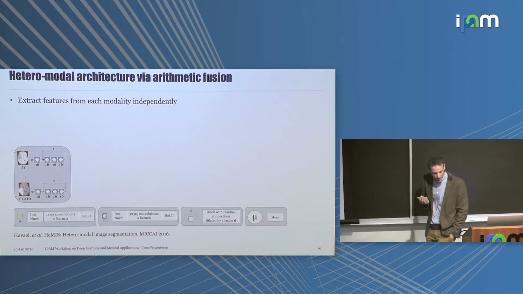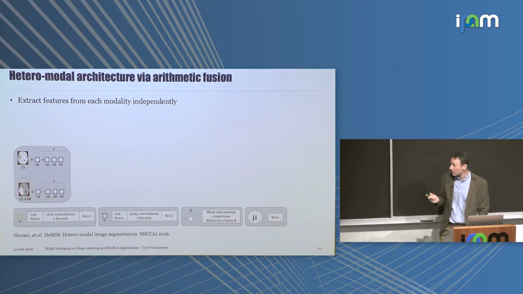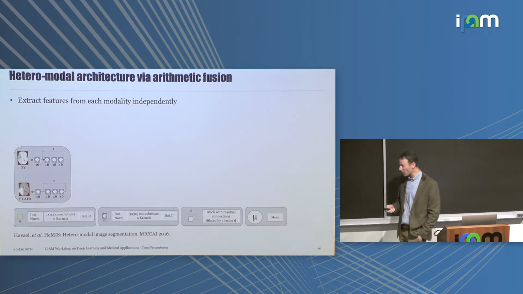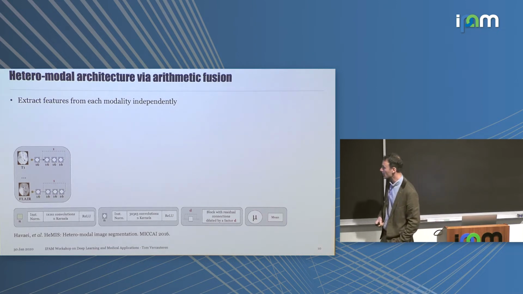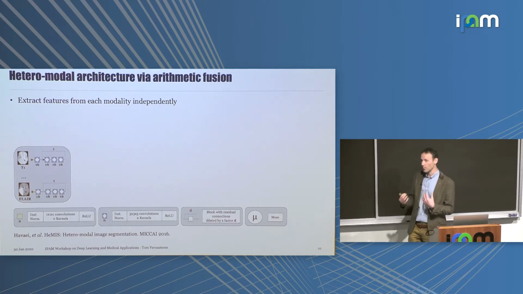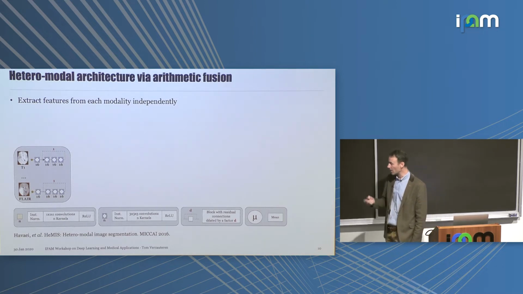This was really inspired by an interesting work that was presented in MICCAI 2016 to handle this sort of missing modalities. What the authors did there was essentially to extract features for each of the modalities in an independent manner, so you have independent streams to extract features.